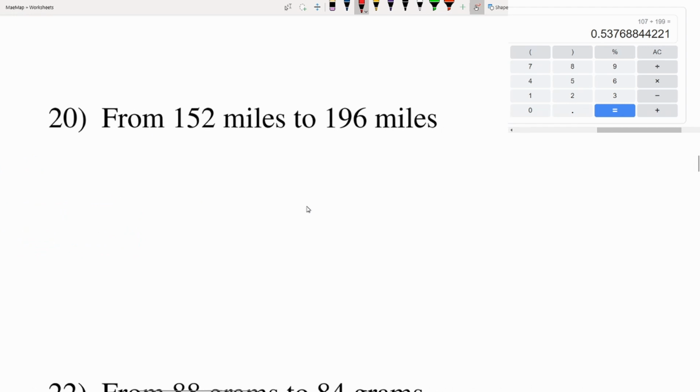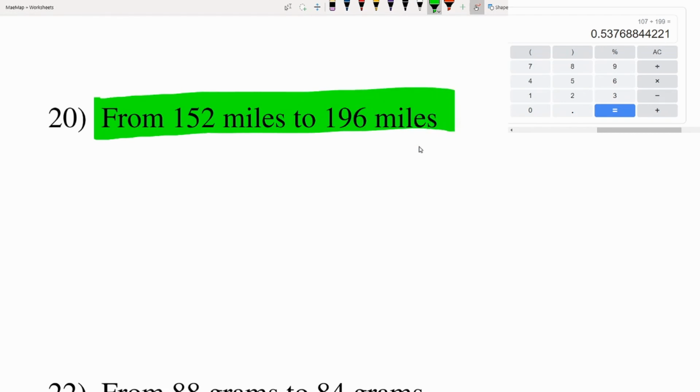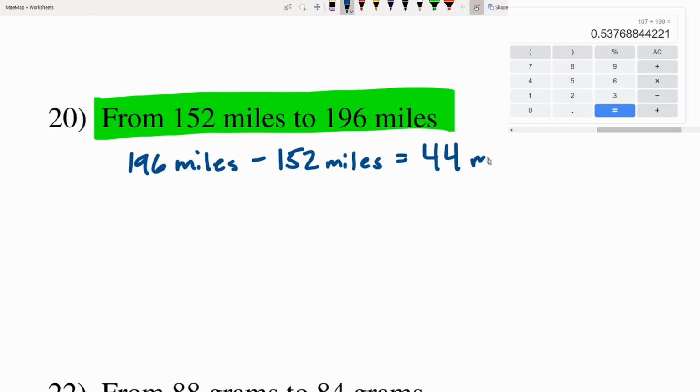And number 20, from 152 to 196, that's an increase in miles. So I'll take that larger number and subtract the smaller number. That's going to leave me with 44 miles.